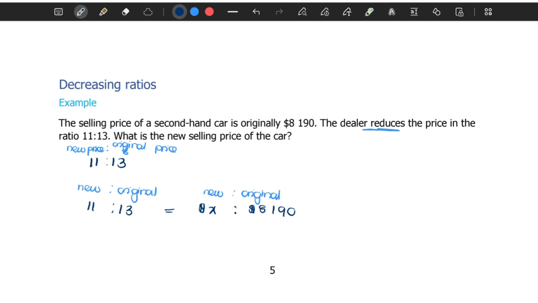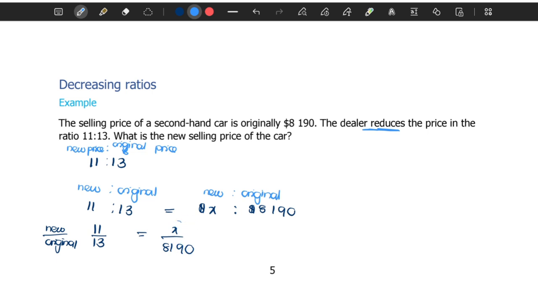So you can choose to do it one of two ways, either expressing it as fractions. 11/13, that's just new over original, which should give you the same ratio as new over original in dollars. And then you solve for X using the method of subject of formula.